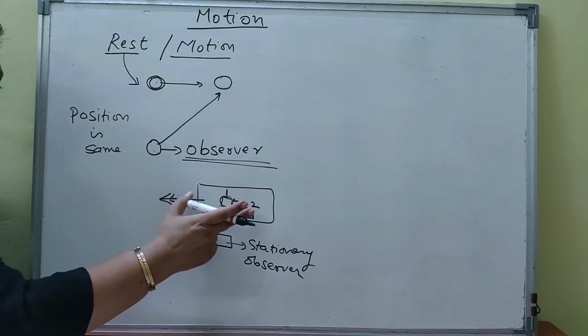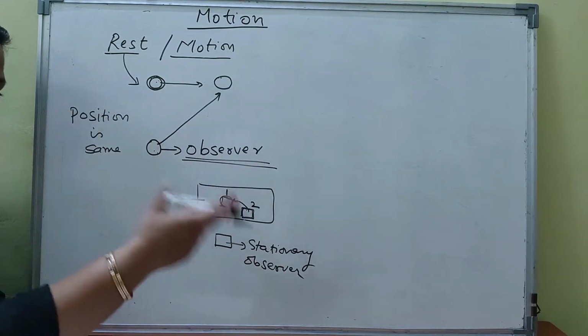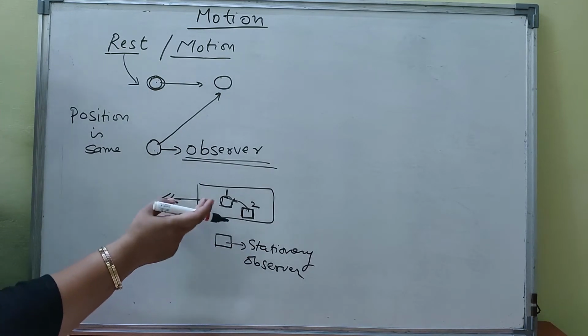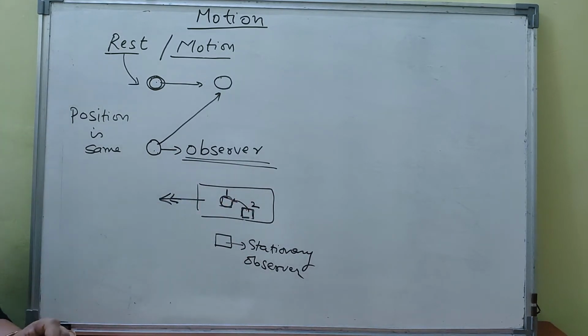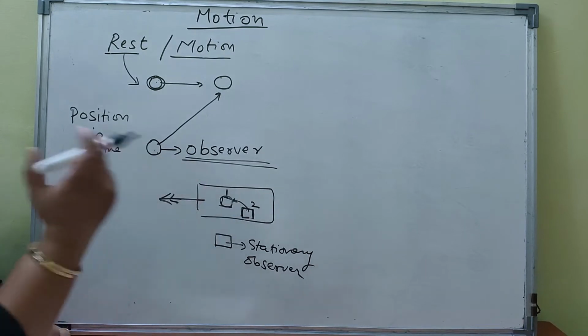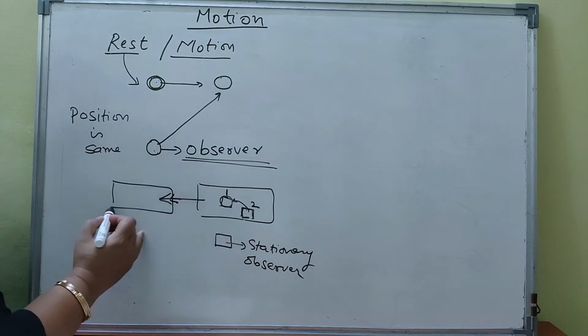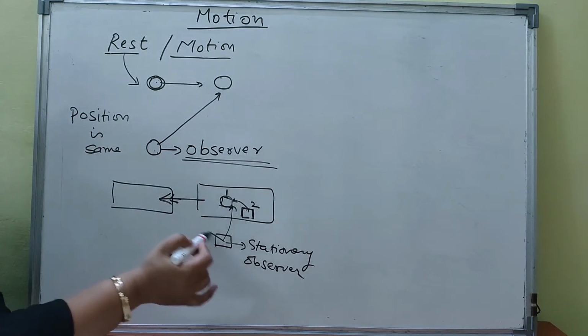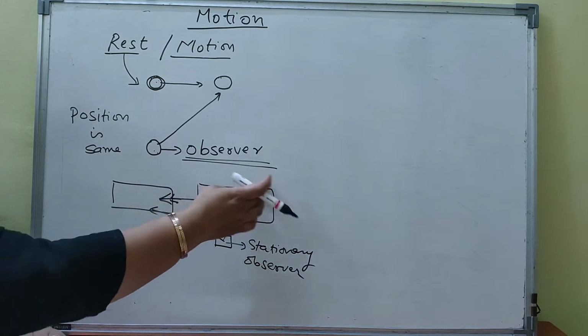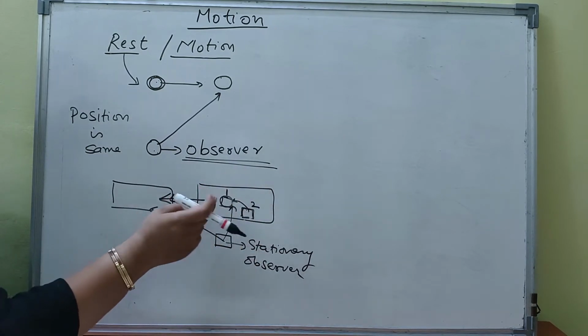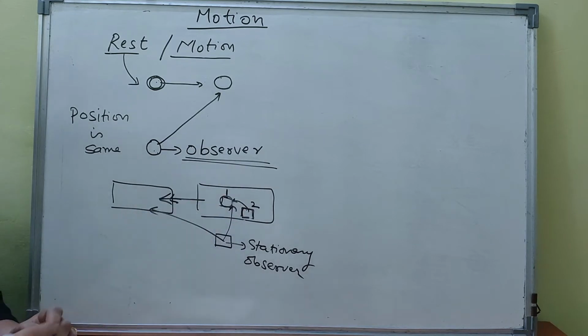So the positions of object 1, object 2, and the bus are changing with respect to this observer. Then we say they are in motion. Initially the bus is here, later on the bus will be here. So this position changes, and we say the bus, object 1, and object 2 are all moving.